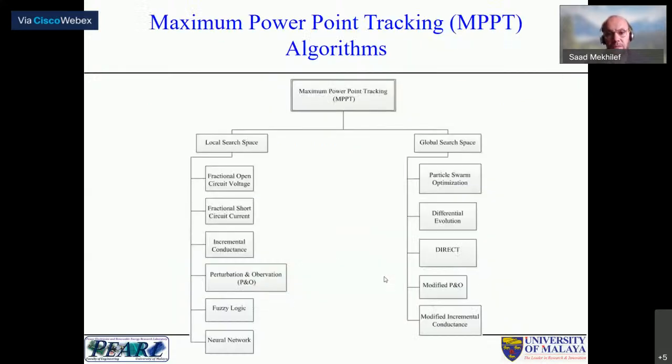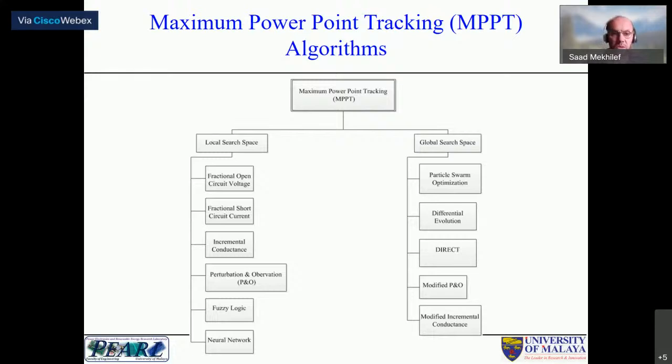So, a brief review of the current methods of MPPT tracking. There are quite a number of them reported in the literature. We can classify them into two categories, which we call local search space or global search space.